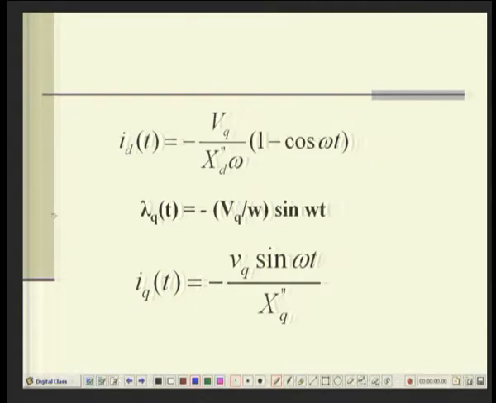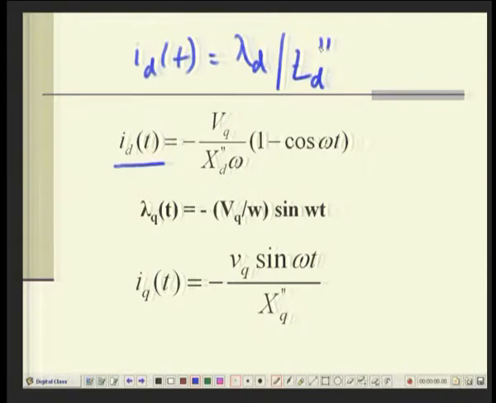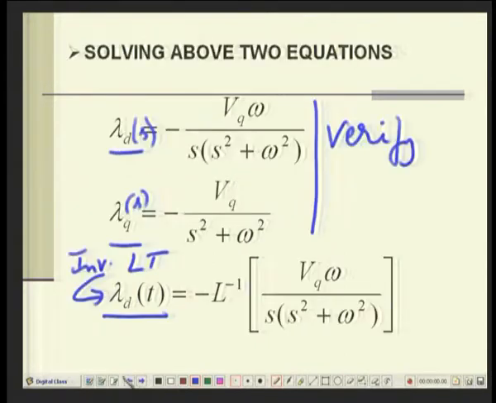And similarly, sorry, now ID t will be lambda d by LD double dash, isn't it?